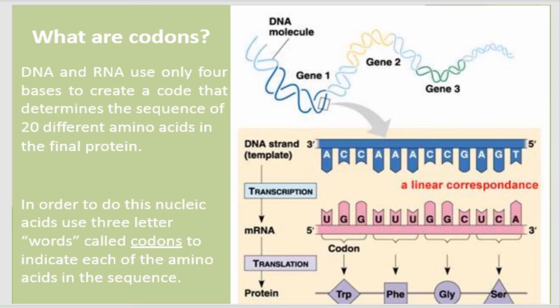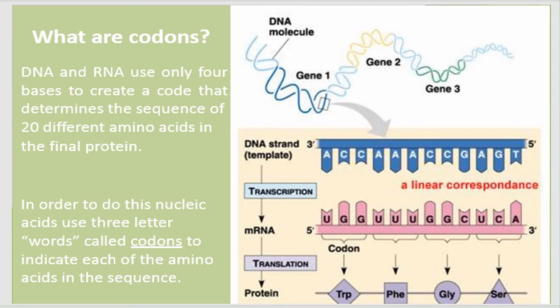So what are codons? DNA and RNA use only 4 bases to create a code that determines the sequence of 20 different amino acids in the final protein. In order to do this, nucleic acids use 3-letter words called codons to indicate each of the amino acids in the sequence.